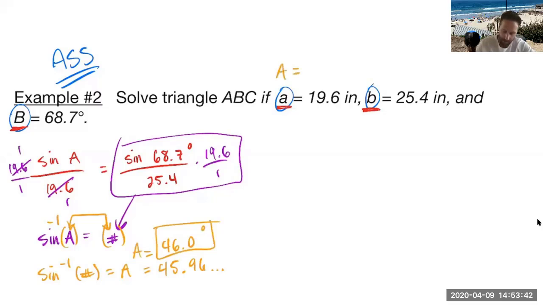Now that I have angle A is 46.0 degrees, I want to remind you that when we're dealing with sine, it is positive in two different quadrants. If I just found one of my angles is 46.0, then I'd also get another positive for sine here. That would be a reference angle of 46 degrees.